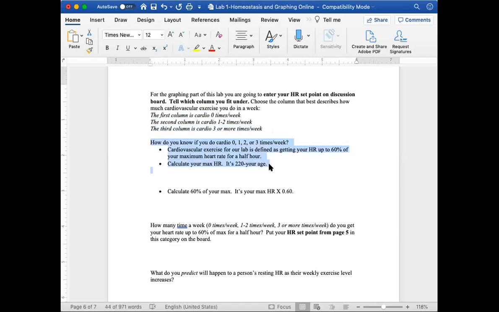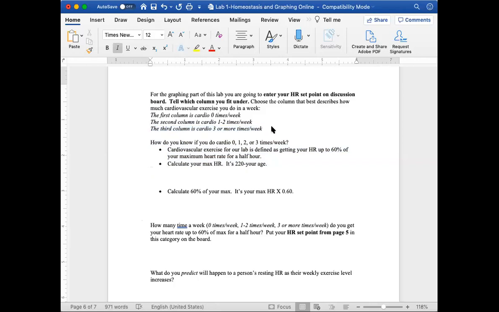How do I know if I get my heart rate up to 60% of max for half an hour? Figure out your maximum heart rate, 220 minus your age, then calculate 60% of that. How many times a week do you get your heart rate up to that? For me, I get it up to that 3 times a week. So I would put in the discussion board, 74 beats per minute is my set point, and I get my heart rate up 3 times per week.